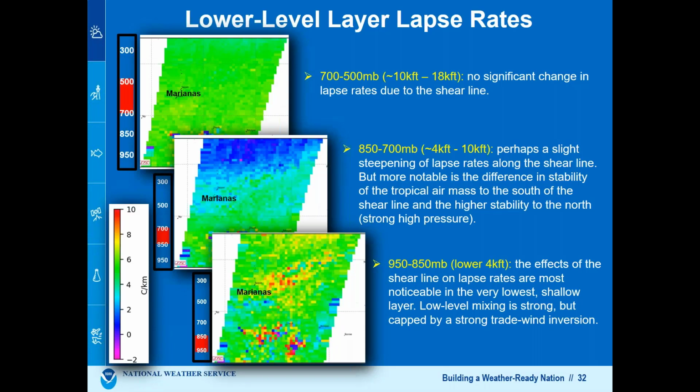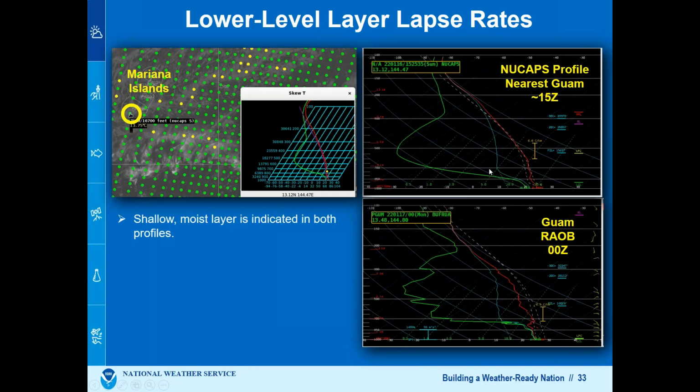How about the difference in the SCUTs? On the top right is the NUCAPS profile nearest to Guam, and then one of the recent Guam RAOBs. You'll note there's a little bit of a change. I grabbed the wrong RAOB. I should have grabbed the 12Z for a closer apples to apples comparison. But you see the very deep layer drying, and you also see the trade wind notch, that little inversion above the moist layer.